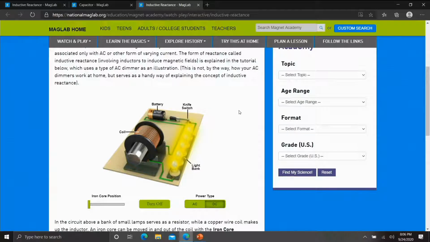And we see our lights light up. So we've got a bunch of bright lights here being powered by that battery. Now, if we change the inductance of that coil, you see absolutely nothing happens.